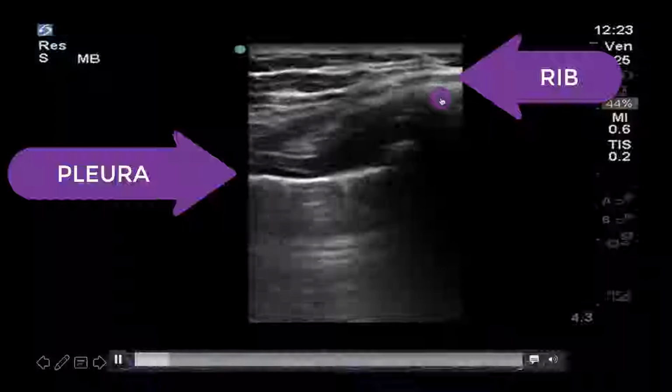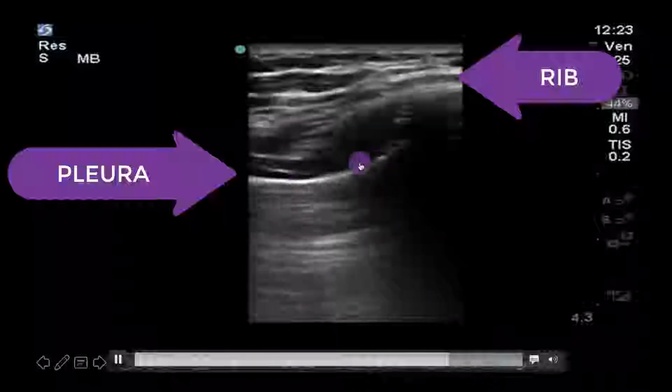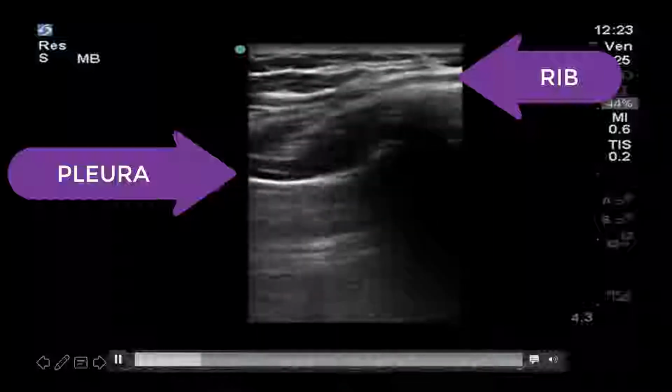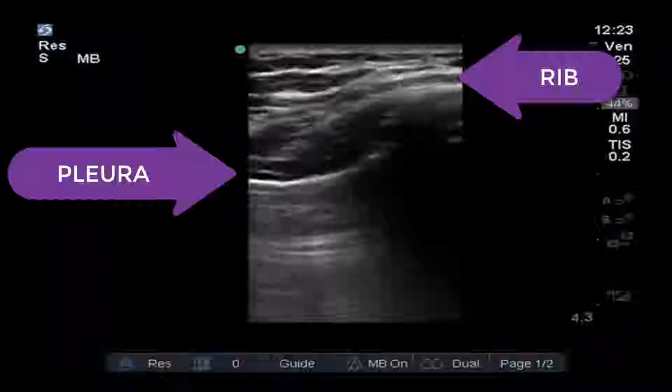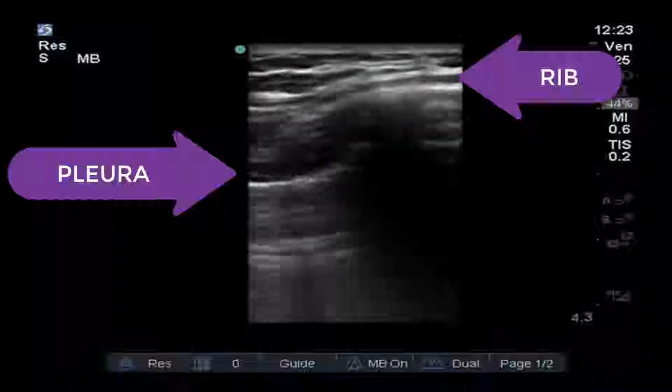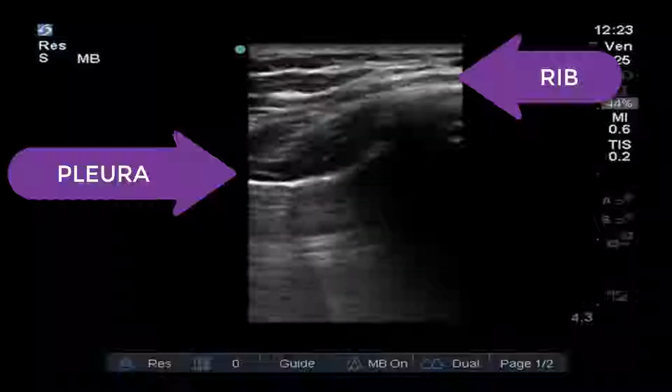Remember, any strong reflector can create reverberation artifact and produce an artifact that looks like A-lines. This is why it's important to see the bat sign, because the pleura will be the first bright white line deep to the bright white lines caused by the ribs.